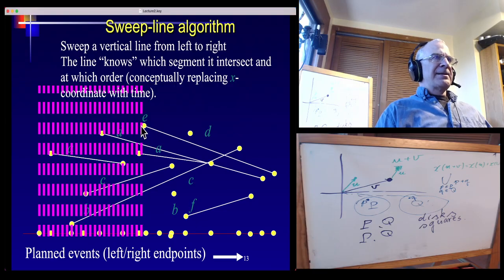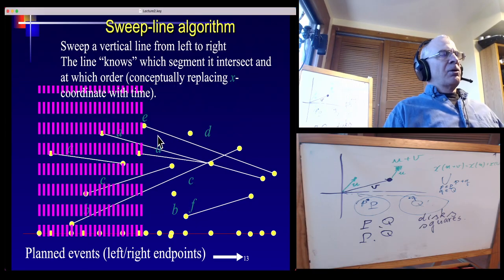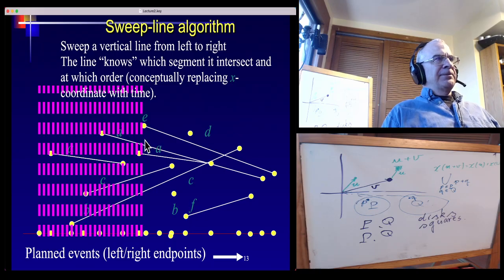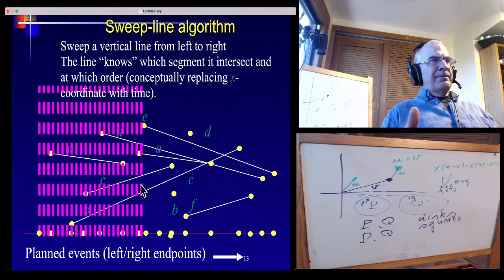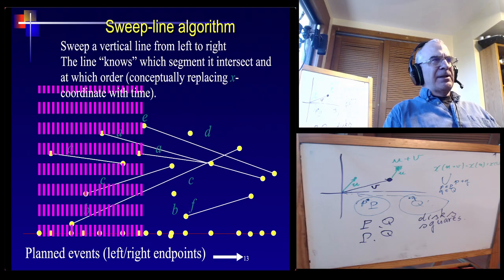None of the segments is vertical, so no risk of confusing here. Horizontal segments are fine. And the status will require from the sweeping line to know exactly which segments it intersects, and it's a dynamic question. It changes with time.